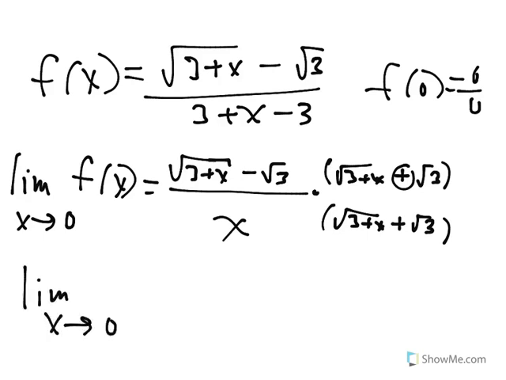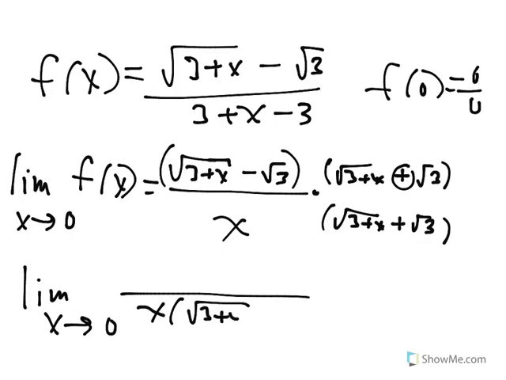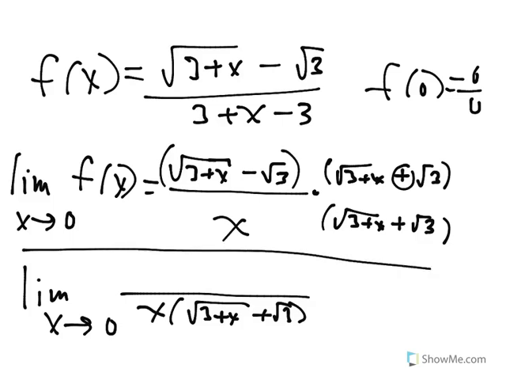But I promise you that if you do rationalize the numerator, the denominator becomes this, radical 3 plus x plus radical 3. And the numerator becomes radical 3 plus x times radical 3 plus x is 3 plus x. This is like a difference of perfect squares thing.